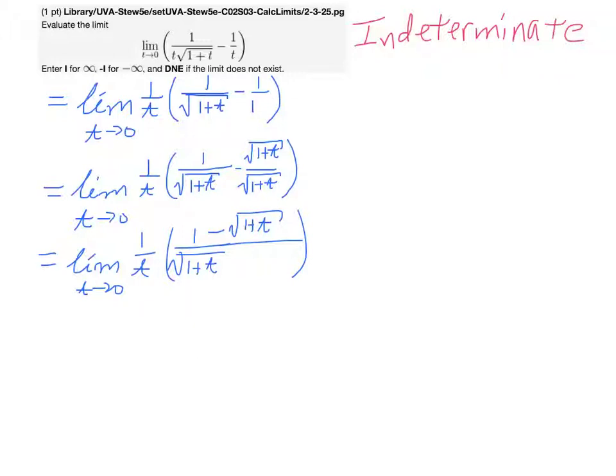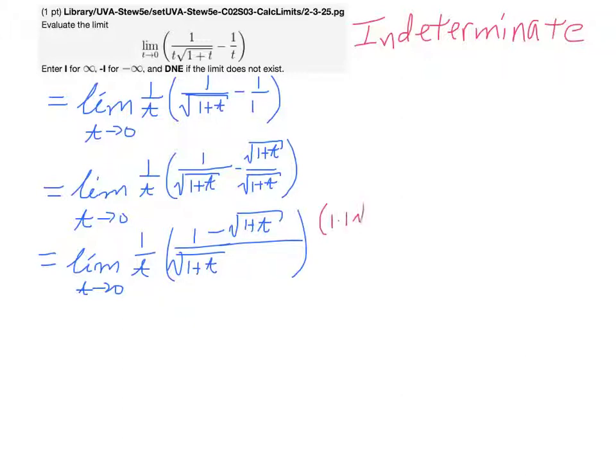Now I haven't done anything, so I'm still going to get 0 over 0, because if I plug a 0 in here, I still have 1 minus the square root of 1, which is 1, so I still have 0 over 0.